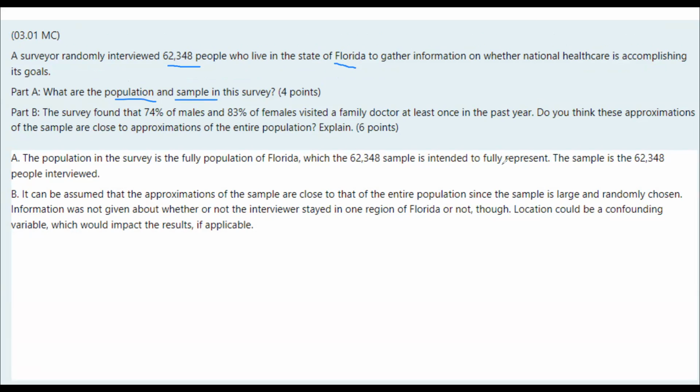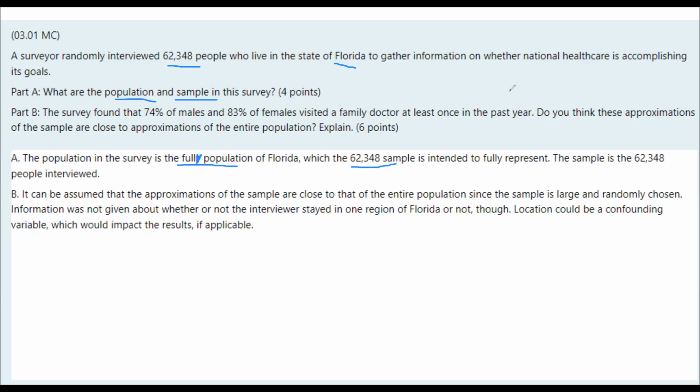The population of the survey is the full population of Florida, which the 62,348 sample is intended to fully represent. The sample are the people interviewed. So it's kind of just worded in a dumb way.